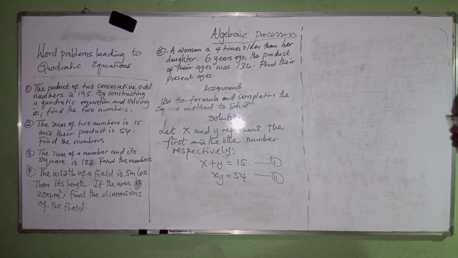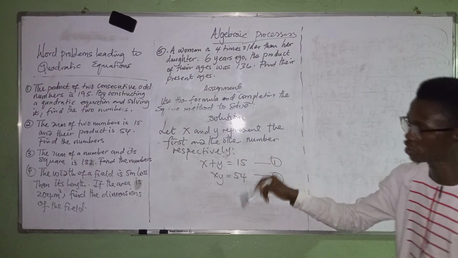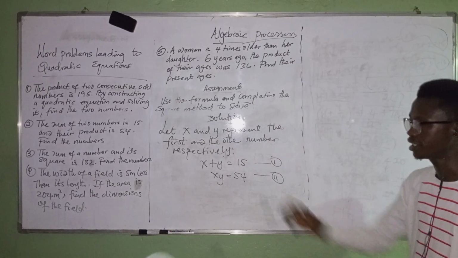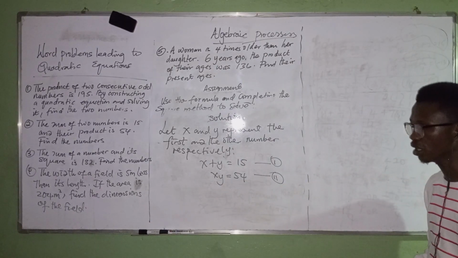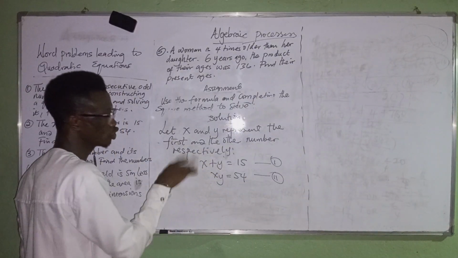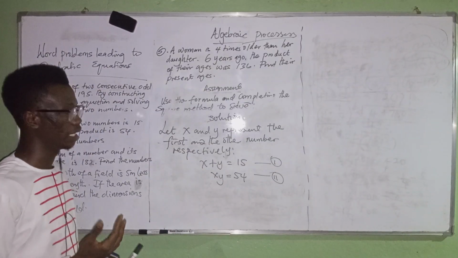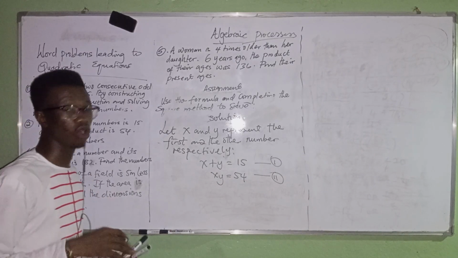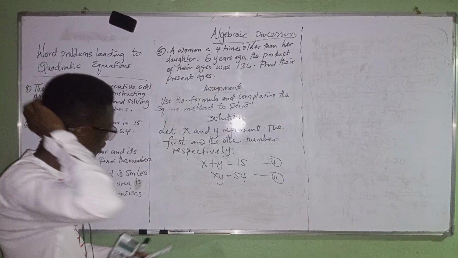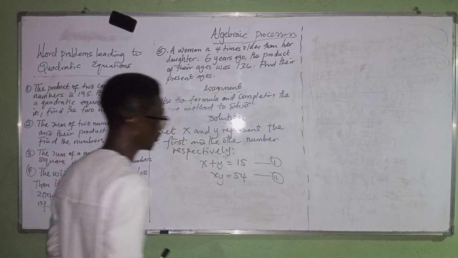Now, whenever you have equations like this and you have to solve for the variables, this is a linear. Okay? So between the two, you have to look at the equation that is more convenient for you to use. So when I look at this, I consider the first one to be very easy.